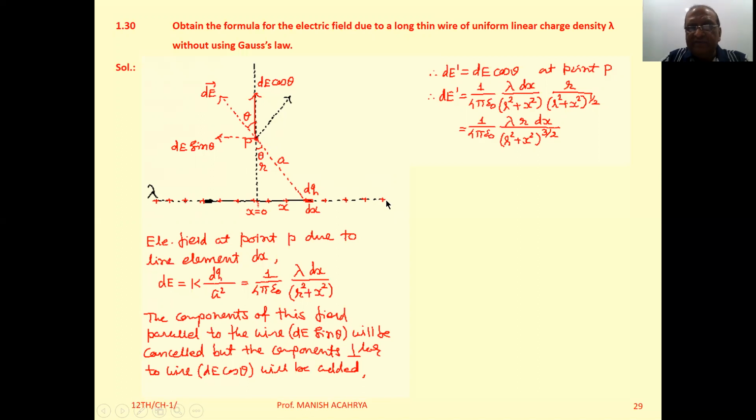So if this particular end of the wire is extended up to infinity, then this line joining P and the element at infinity will be almost parallel to the wire. And if it is almost parallel to the wire, then this theta tends to pi by 2. On this side, we can write theta tends to minus pi by 2.